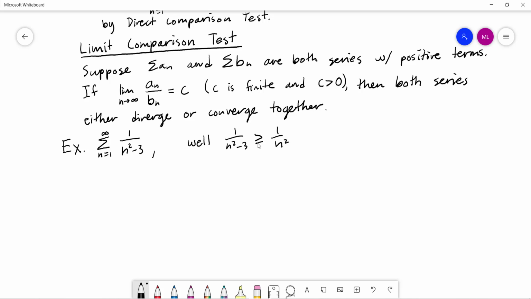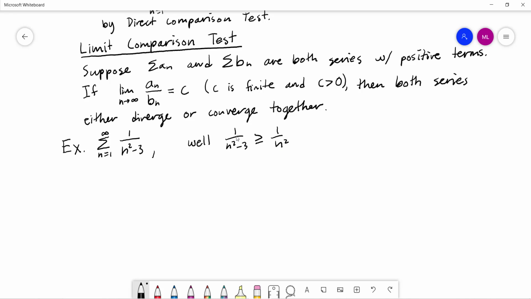Right? So the denominator is smaller, and if the denominator is smaller, the overall term will be bigger. And again, we have to assume that these terms are positive, right? You can't plug in n equals 1 here.